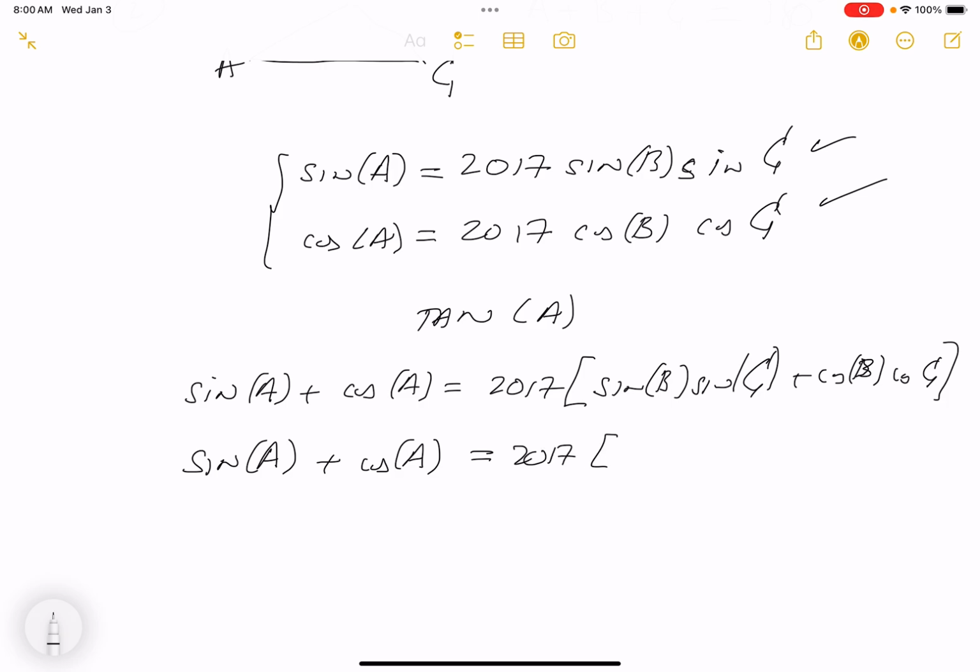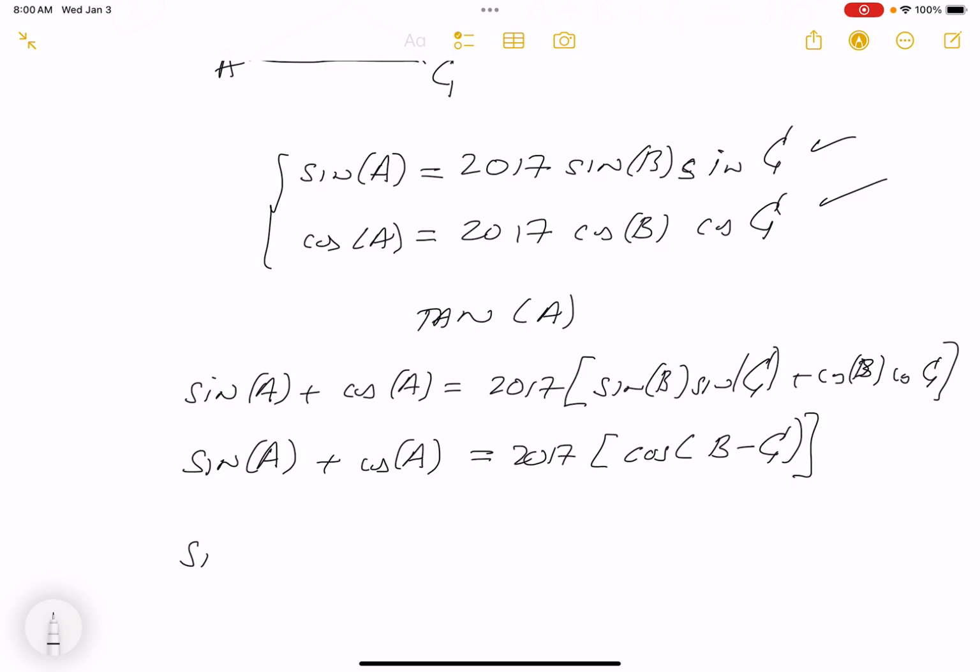And let's see, sine B, sine C, cosine B, cosine C is going to be a difference formula for cosine. Cosine B minus C. You can also say C minus B. Let me just make sure that's right. Cosine B, cosine C, minus a minus. Yeah, that's okay. All right. I don't think that's going to help me too much. I'm going to try a different one.